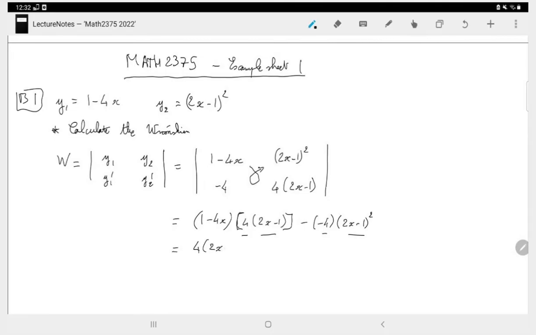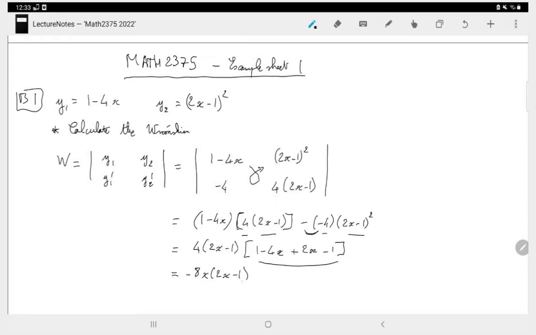I get 4(2x minus 1) in prefactor of, on the first term I had 1 minus 4x, and then the second term gives me, this minus and minus sign give me a plus. So I just get a plus (2x minus 1). And ultimately this comes down to minus 2x, so I get minus 8x(2x minus 1). Okay, so that's the Wronskian.